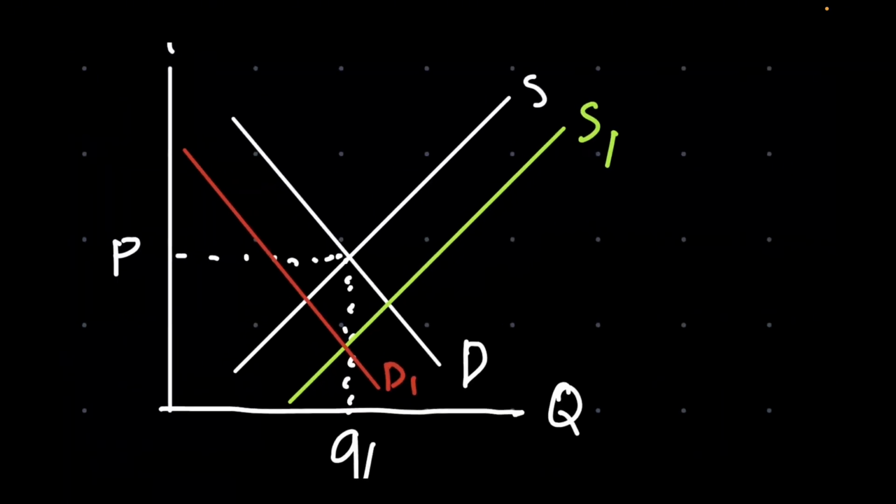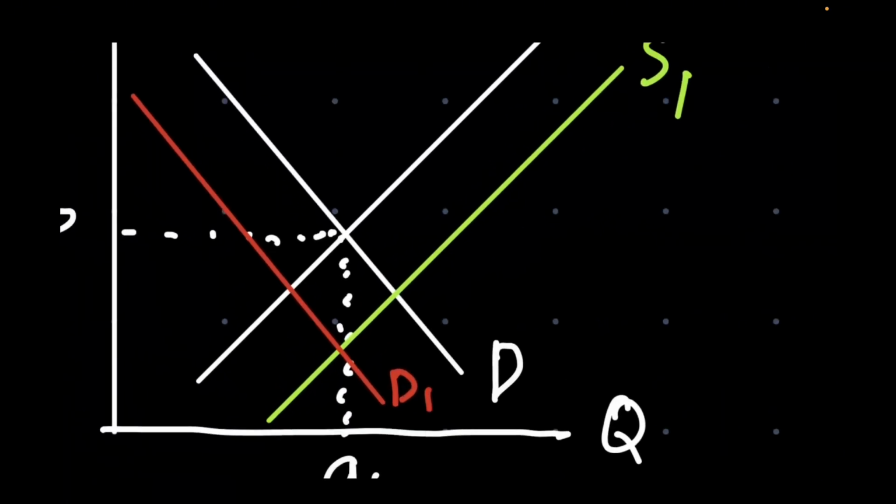Now, if you can see, the first equilibrium of this was essentially at this point. Now, the equilibrium of this is here. If you can notice, the equilibrium point has gone down from here to here. Let's try and denote this impact.